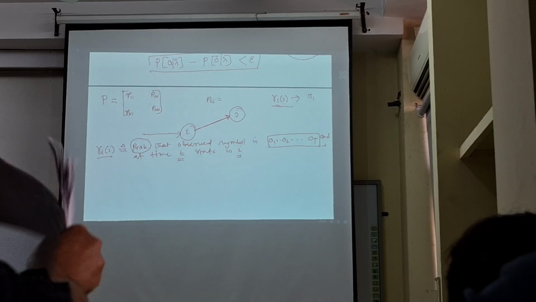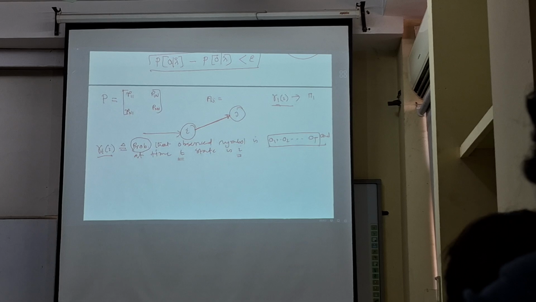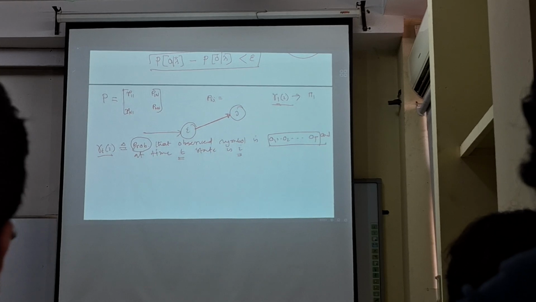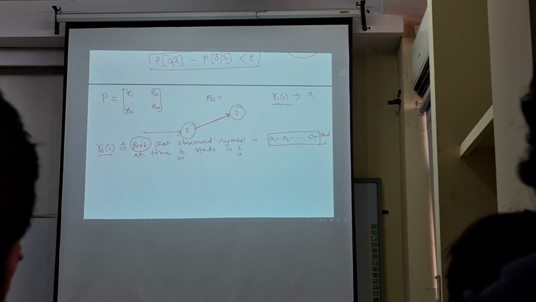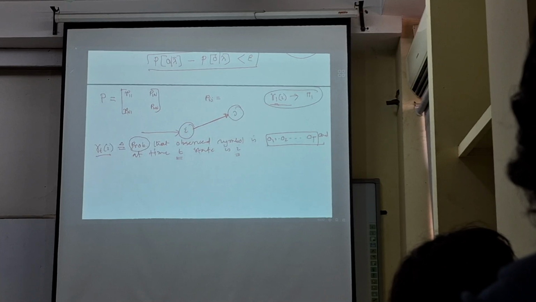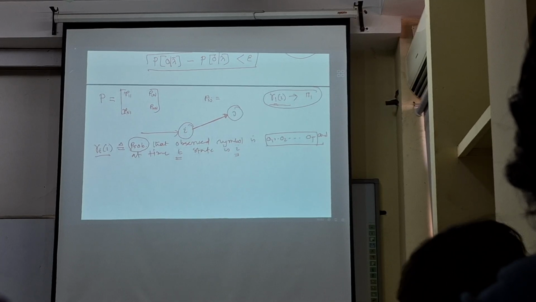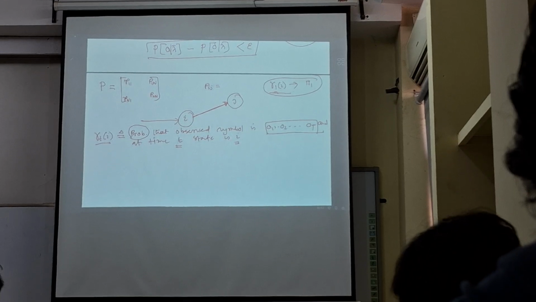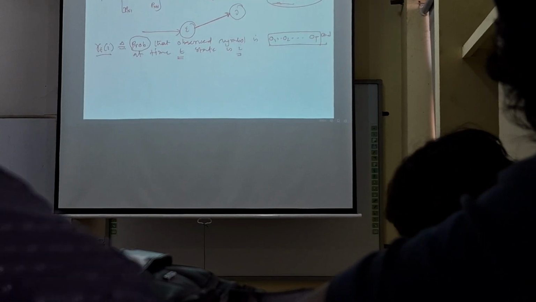The probability that the chain is in state I and follows this sequence. So if we can calculate it for all the states, then we can come up with this one. Yes or no? Yes.